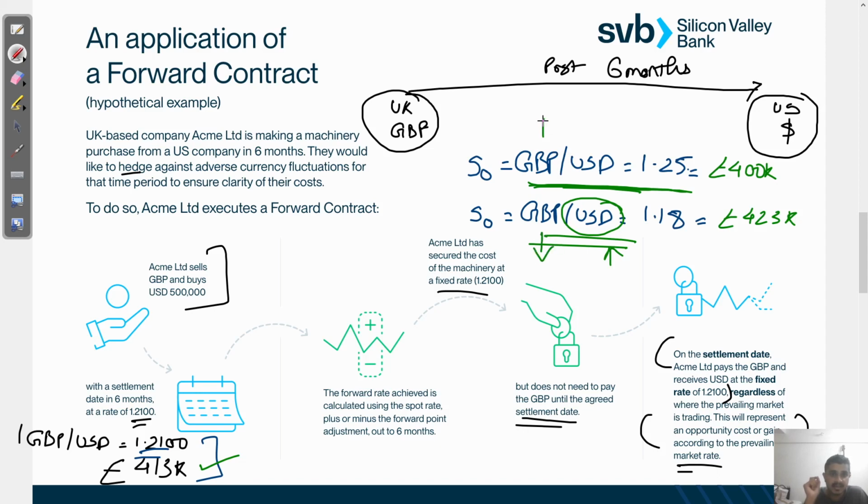In this scenario, Acme would have needed to pay 10,000 pounds extra. So this is what it means: there is a gain or loss in the spot market. These are the currency fluctuations that they wanted to hedge against, right? So that is it for today. Thanks.